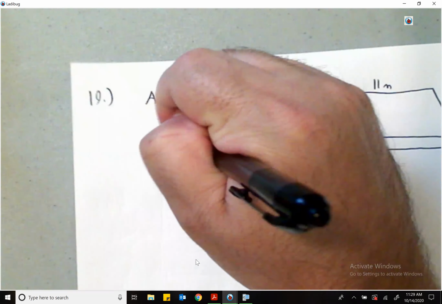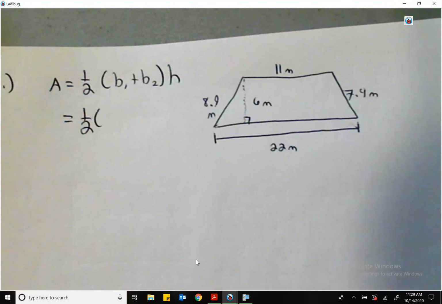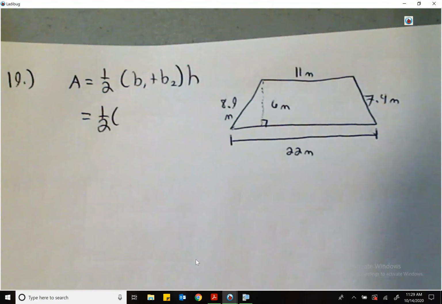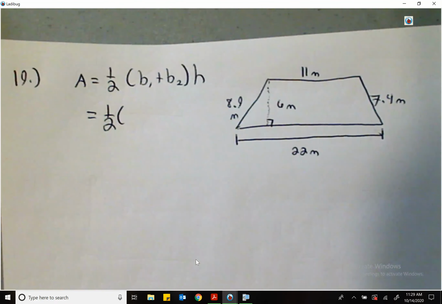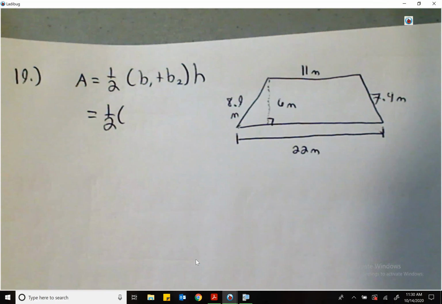So let's fill in. 1/2 times what's B1? What's our first base? What's our base? Is it not 22? It is 22.